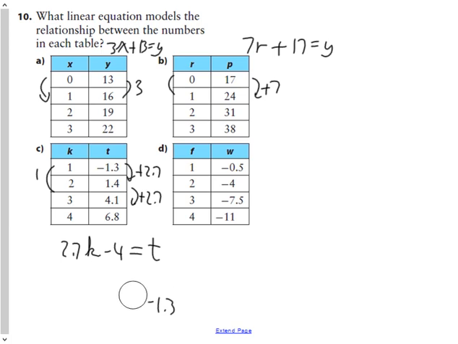So the equation for that is 2.7k minus 4 equals t. And finally, going down by 3.5 and up by 1, negative 3.5f. Substitute 1 there.